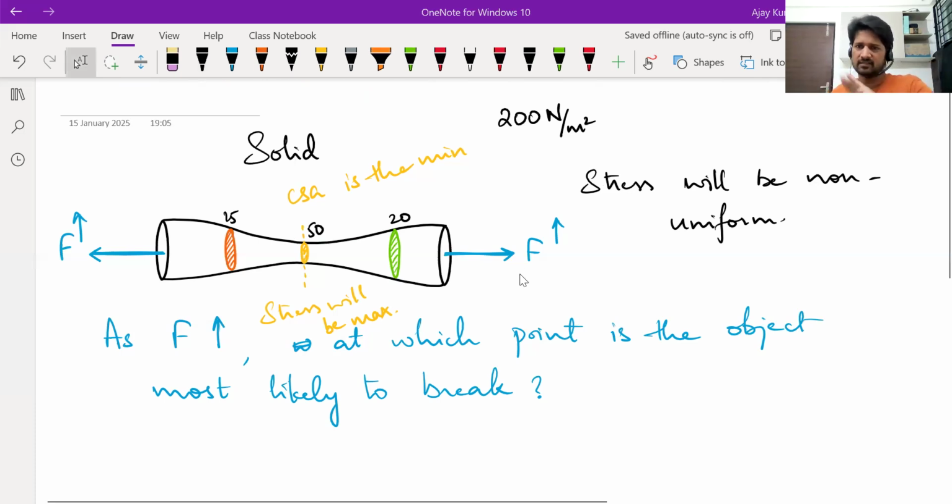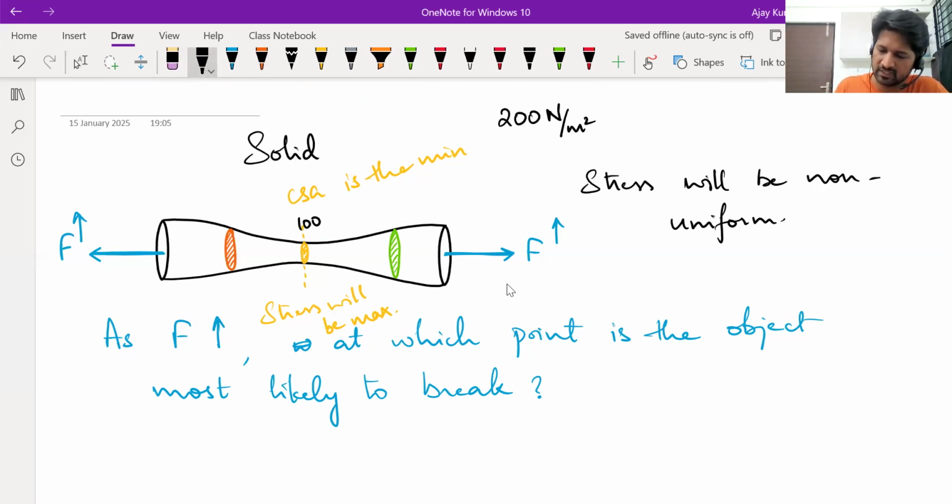So you may generate stresses like this. Increase the force. If you increase the force, then maybe you generate stresses like 100 Newton per meter square here, 50 here, and 40 here. Okay, so stress is increasing everywhere, but still stress at this cross section is the highest.